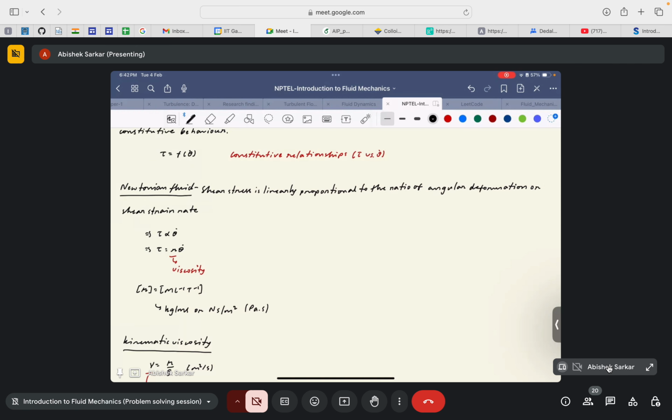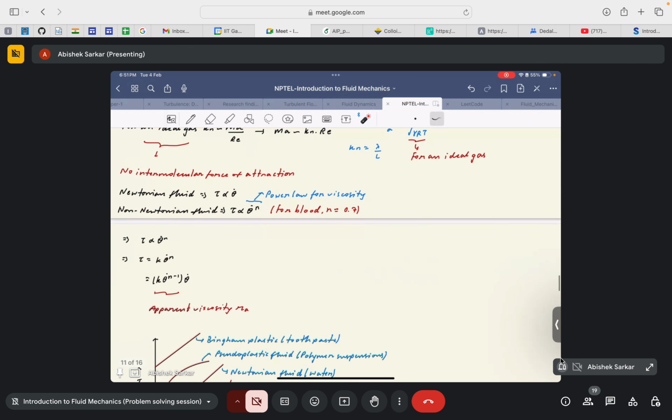Yeah, so as I mentioned, for Newtonian fluids, we saw that the shear stress varies linearly with the shear strain rate.